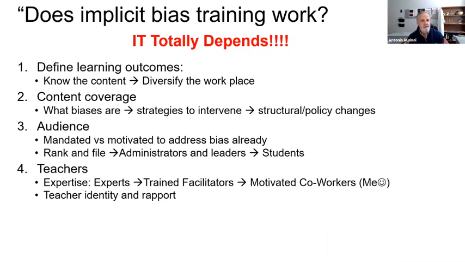And this has been measured in outcomes and things like that. So that will be teacher identity. Rapport, for example: if we're doing these trainings at a police department, it's better perhaps that a retired captain or somebody like that presents these things than somebody like me going there and doing it.